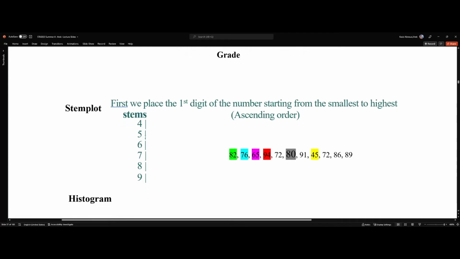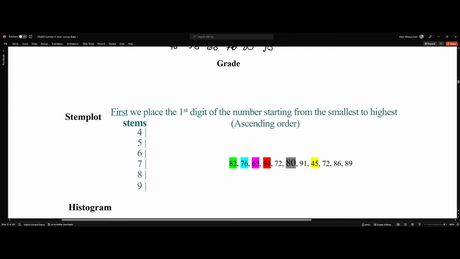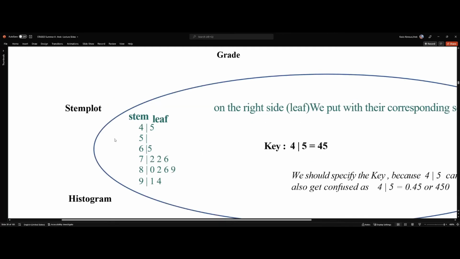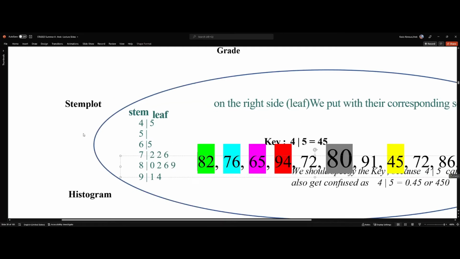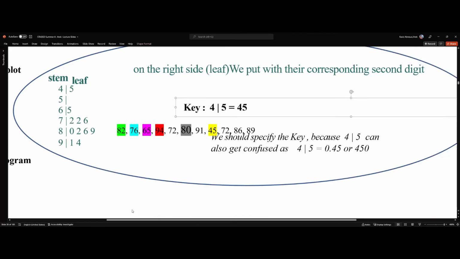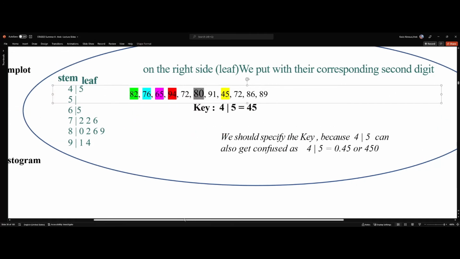Then we have the 65. We put the 6 over here. The 76. And it goes up to 91, which is 9. But as you can see, we have to put these numbers, which are called leaves. We do the same. Sorry, I just wanted to see the numbers as well, just to be sure.